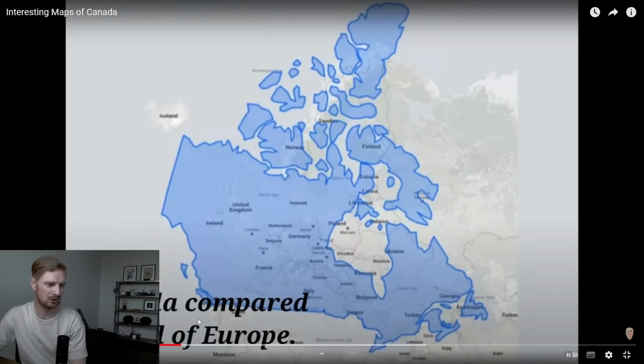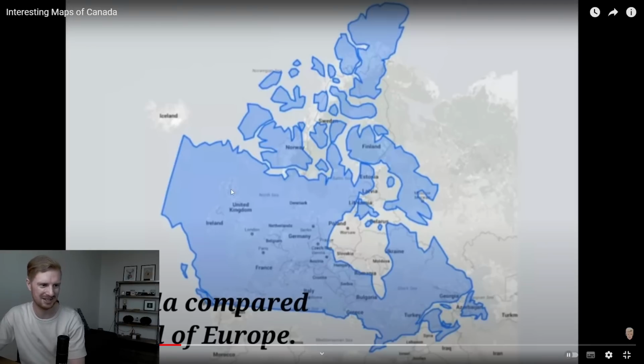Canada compared to all of Europe. Yeah, this is an interesting one. So we can see Europe in the background there, and Canada's overlaid. So Canada basically covers all of Europe. When you think of the diversity within Europe with languages, food, music, whatever, all parts of life due to the borders, and you see that Canada just has one country that covers all of that.